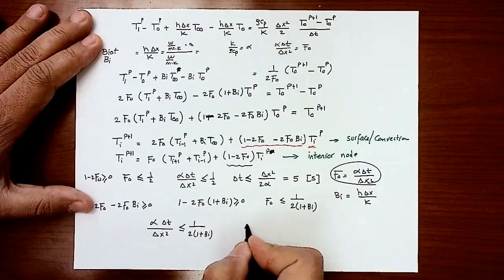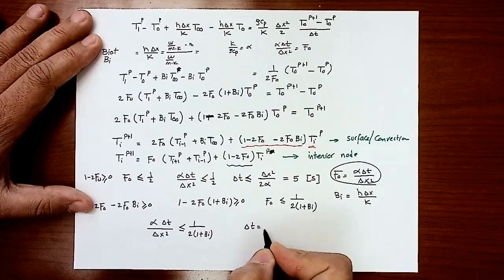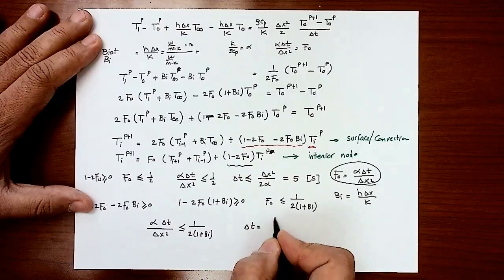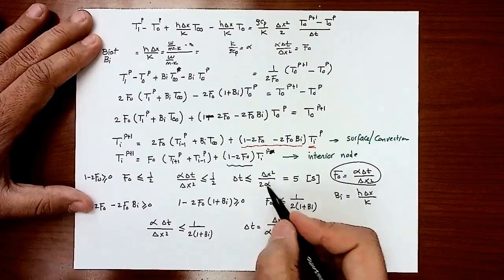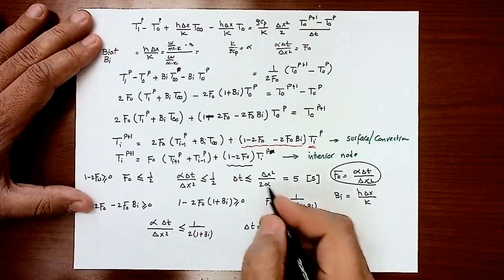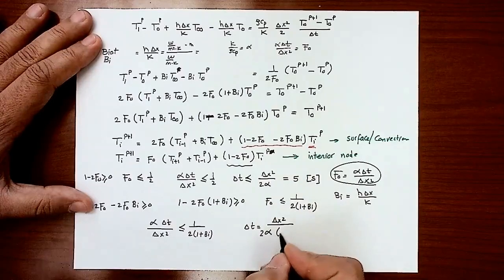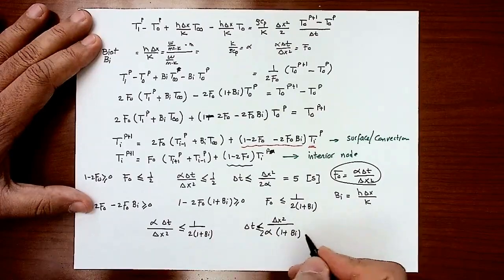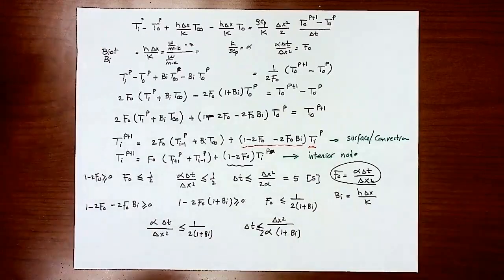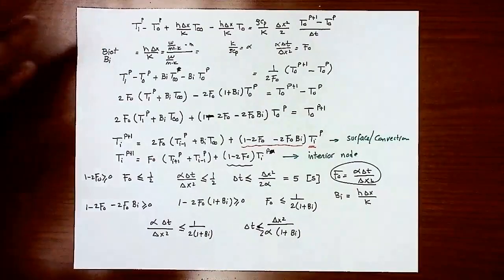From this, I get another equation for delta t that's equal to delta x squared divided by 2 alpha, very close to this one here, but it's divided by 1 plus Biot number. Oh my gosh, delta t has to be less than or equal to this. So now I'm getting a different delta t calculation here.